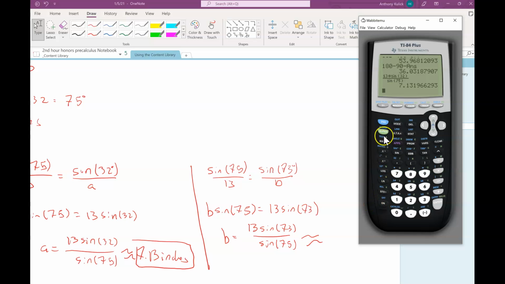And it's calculator time again. So 12.87 there.